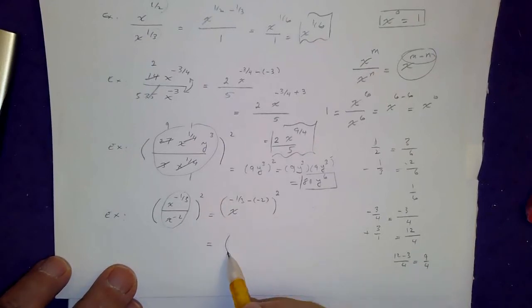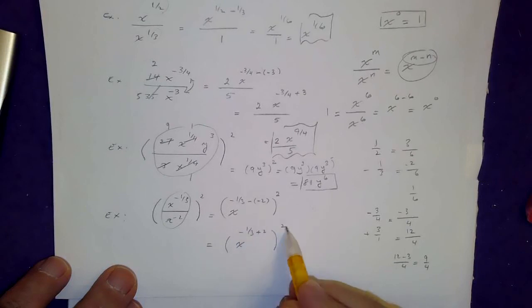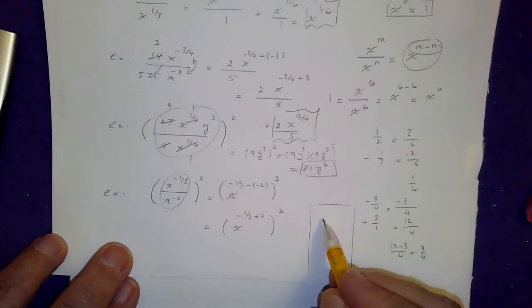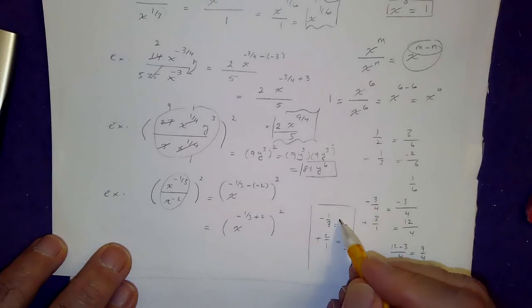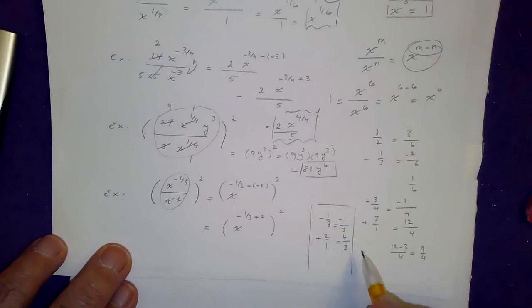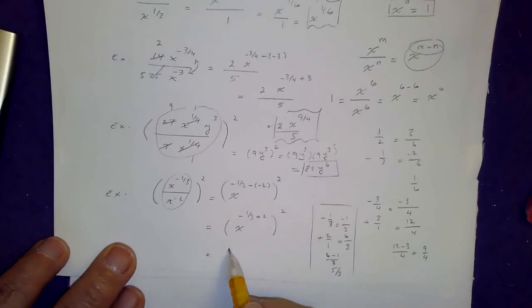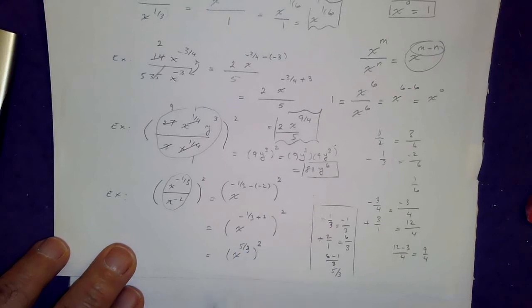So now on the side here, let's see what that's equal to. Negative 1/3 plus 2. What is the LCD, you ask? It's 3. So that guy is negative 1, that guy is kind of like 6. So that's 6 minus 1 over 3, which is 5/3. So this is x to the power of 5/3 to the power of 2.